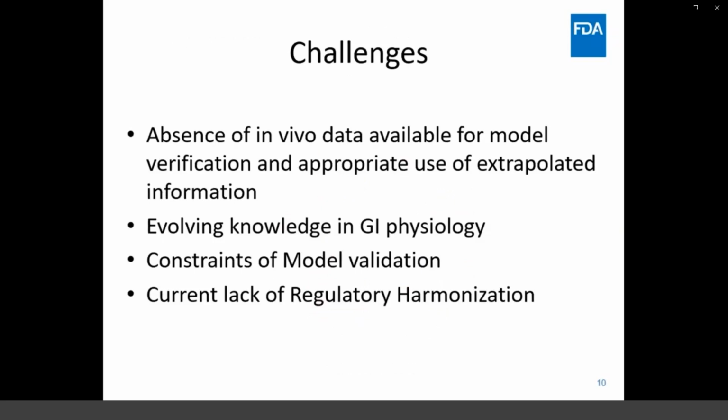Noting what PBPK for biopharmaceutics applications can bring, we also note that there are a number of challenges with providing this information, including the absence of in vivo data available for model verification and the appropriate use of extrapolated information, the evolving knowledge on GI physiology, constraints of model validation, and the current lack of regulatory harmonization.